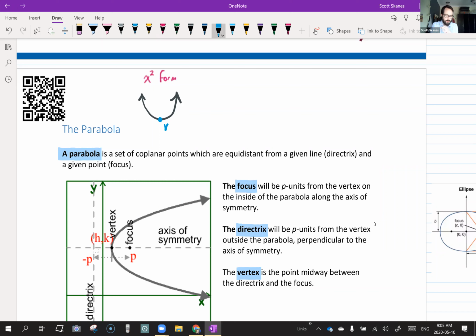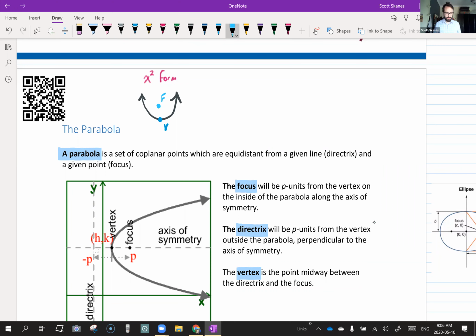There are 2 more things you can see here that are new to us. The first one is called the focus. The focus is just a point inside the parabola. I'll make it a slightly different blue. That's our focus. You'll notice it's inside the curve.